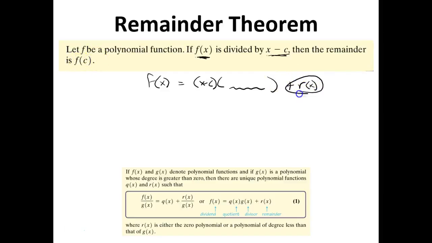So I can find this part by putting the value of c into the function. And that will tell us very quickly if we have a zero or not, so if we can or cannot factor it. That's what the remainder theorem is saying.